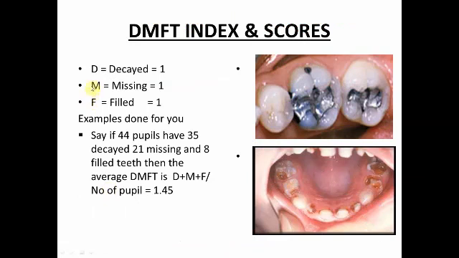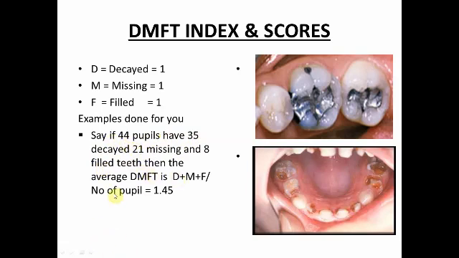For example, if we visit a class of 44 pupils in a school, we have 35 decayed teeth and 21 missing and 8 filling for the total number of students.